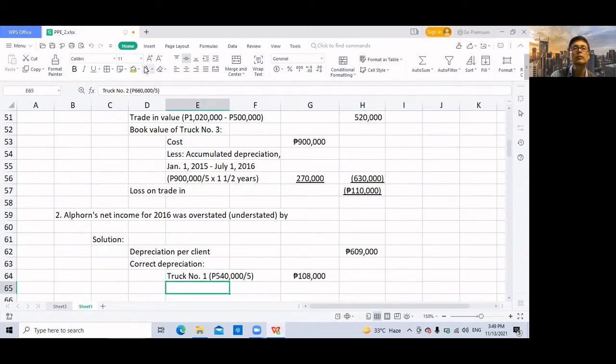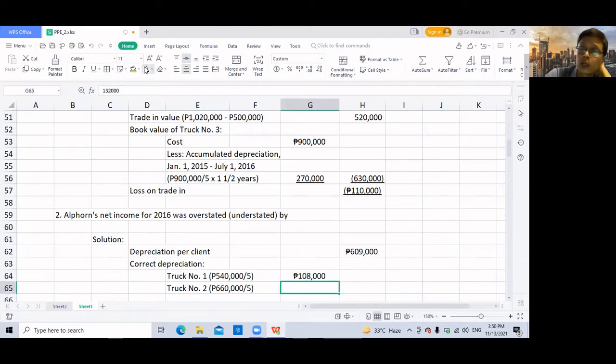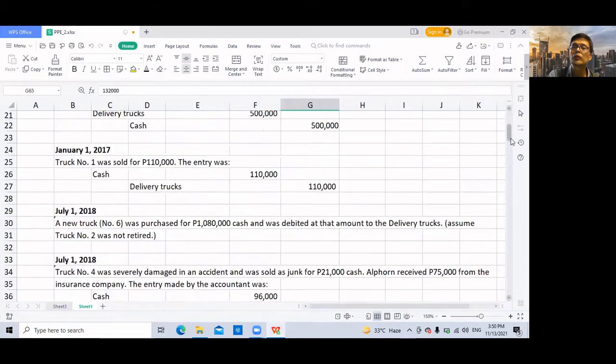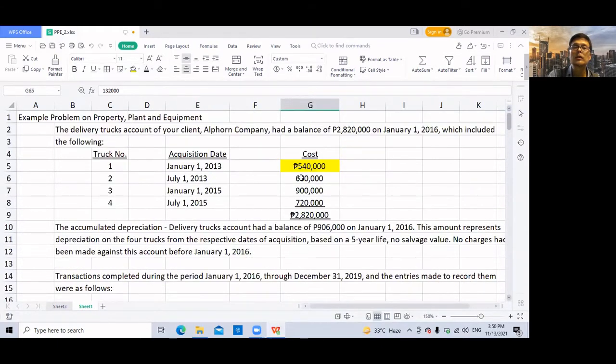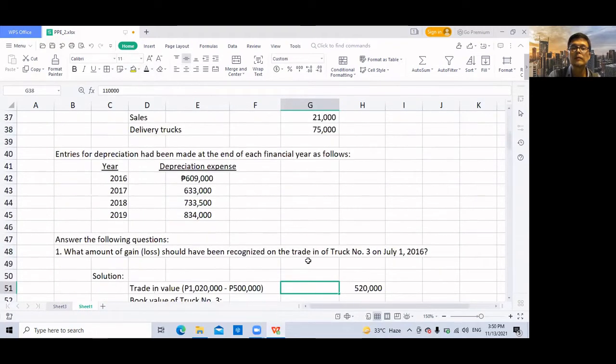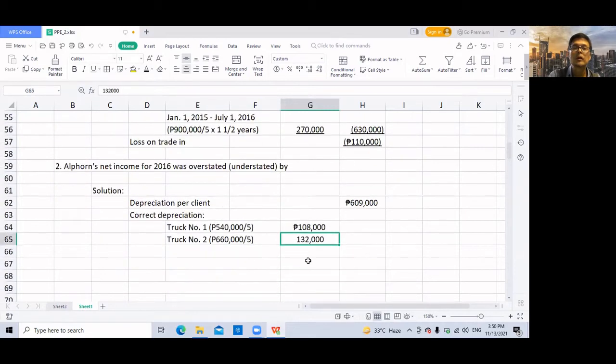Next is truck number 2, because we need to compare the depreciation per client's record against the correct one based on policy. Truck number 2 is 660,000, the purchase price. Divide this by 5 years, so 132,000.